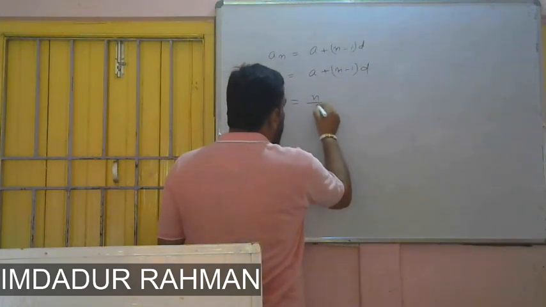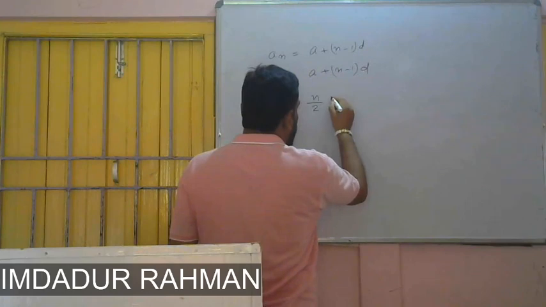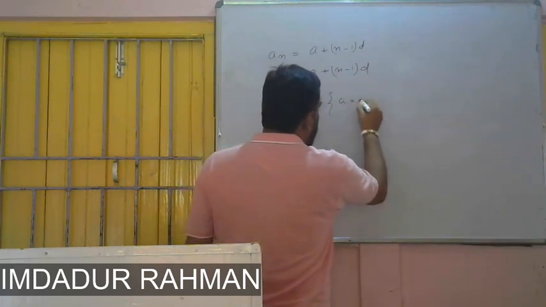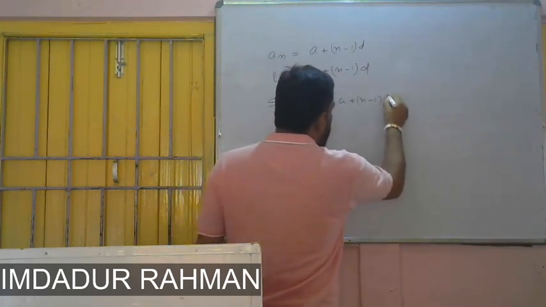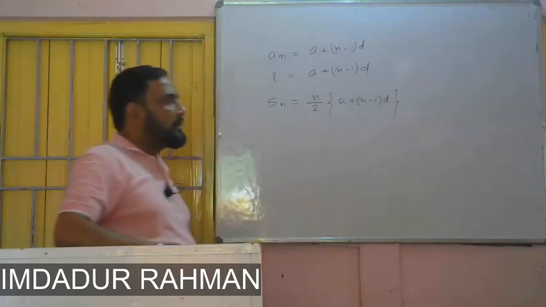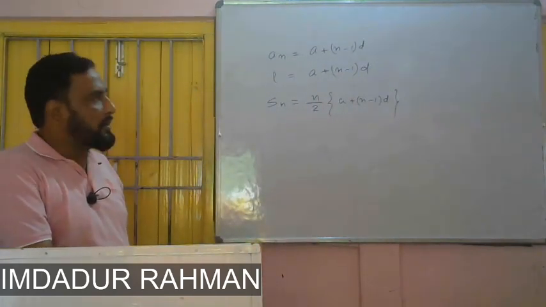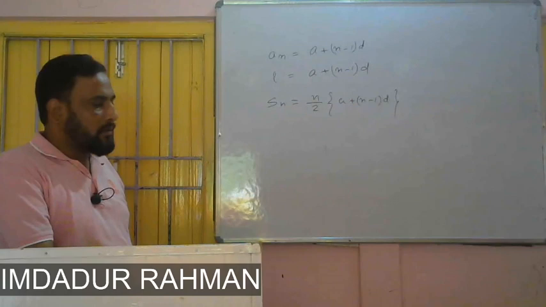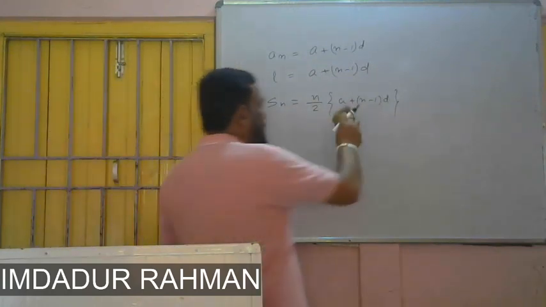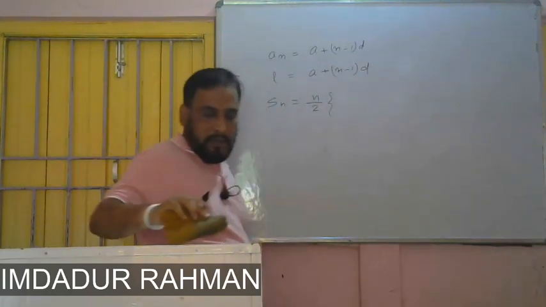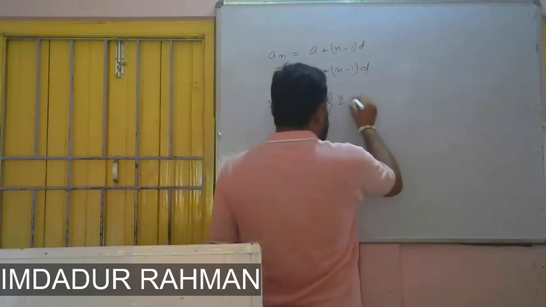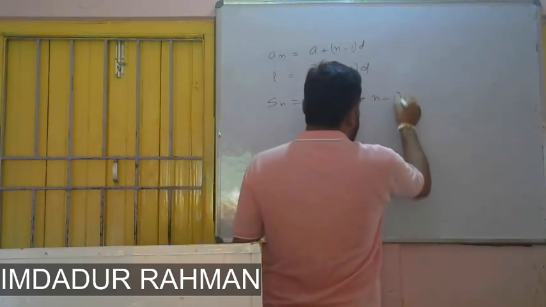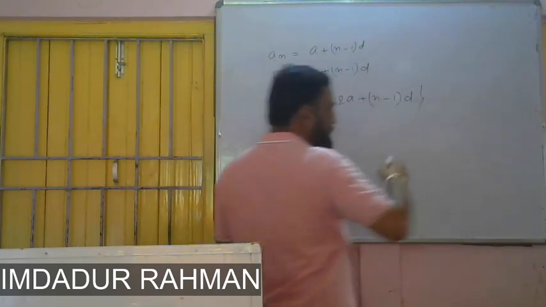Sn is equal to n by 2 into 2A plus (n minus 1) into D. This is the sum of n terms.